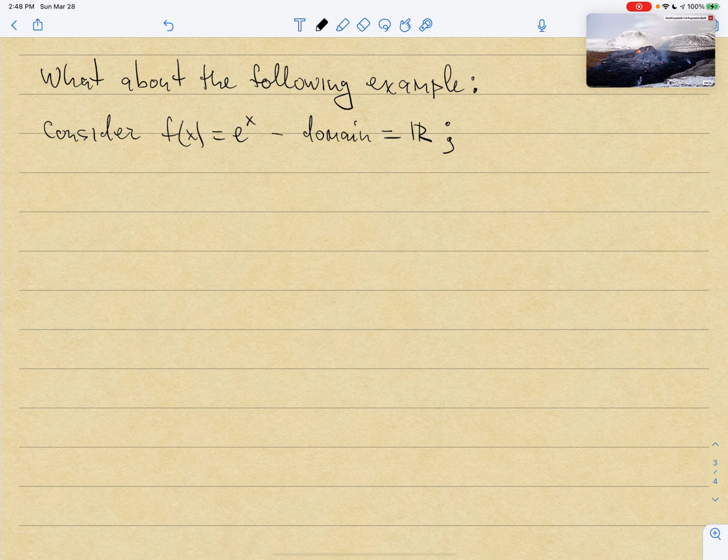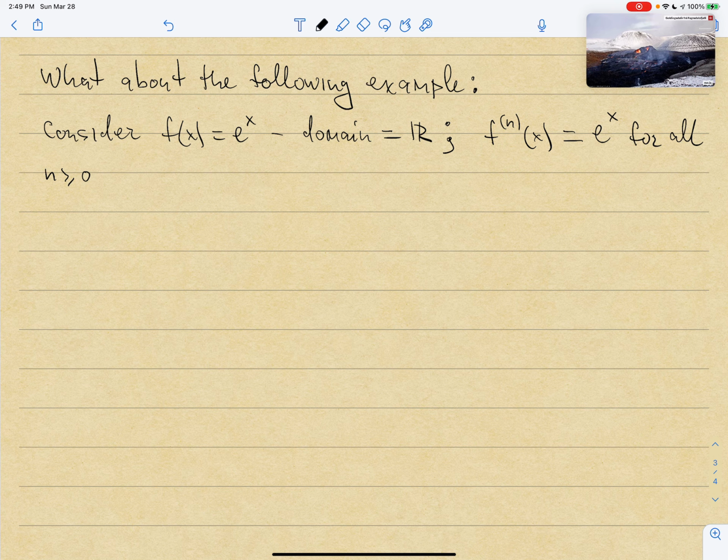And not only that, but if I take nth derivative of this function, then of course the derivative of exponential is itself. So this is e to the x for all n greater or equal than 0, right? Again, 0 derivative is a function itself.